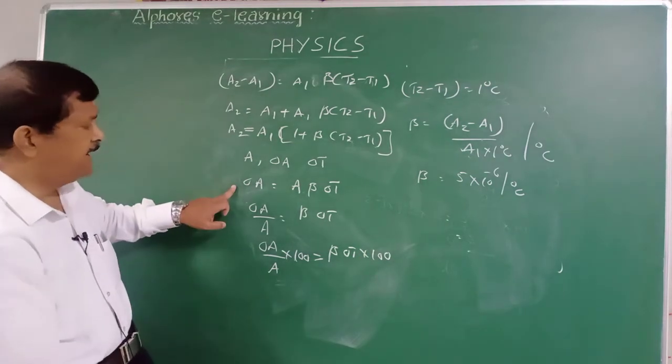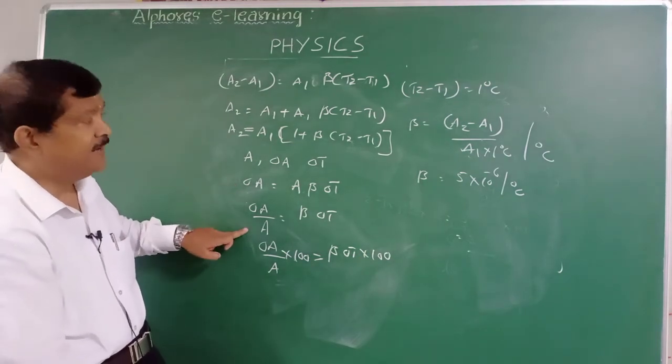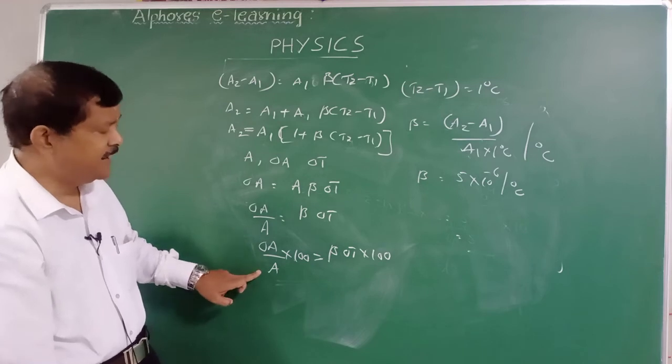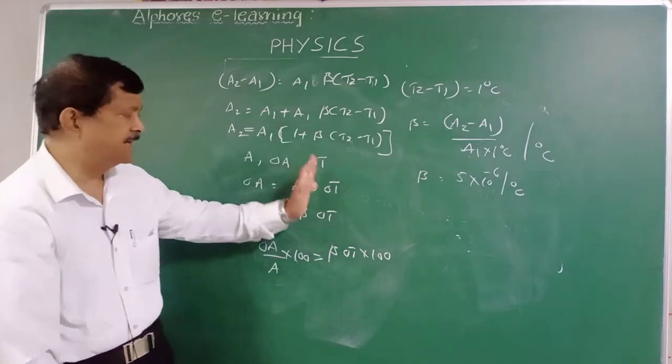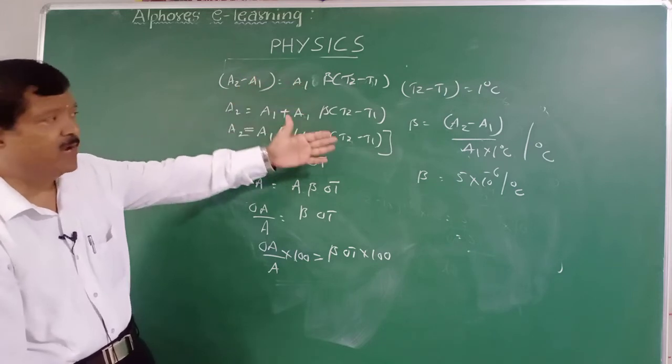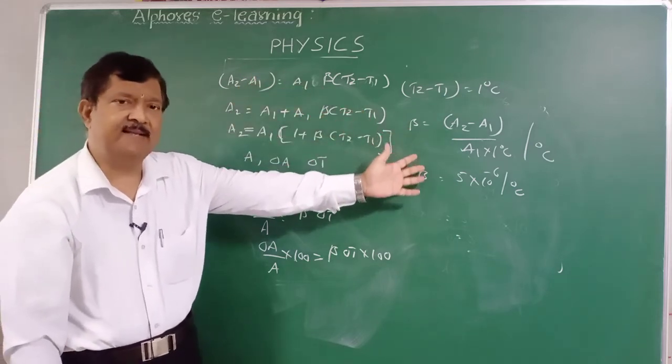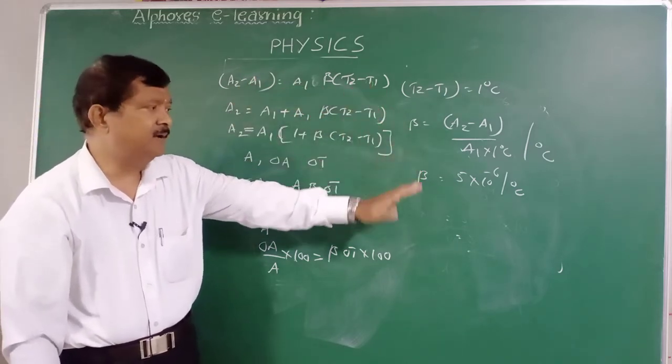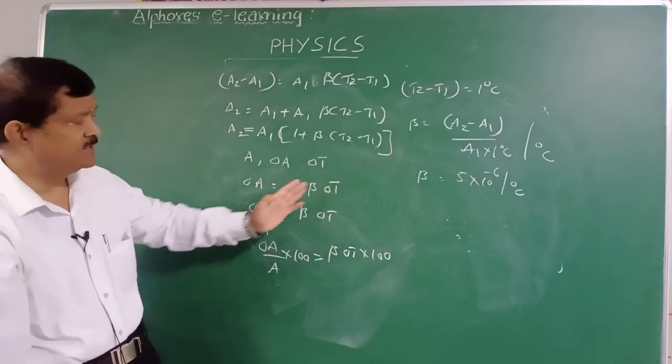So change in area, fractional change and percentage change, everything we can express like this, or in terms of absolute values as given previously. We can measure beta in both ways.